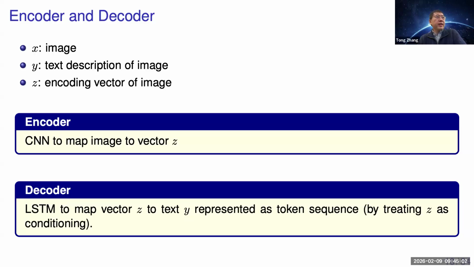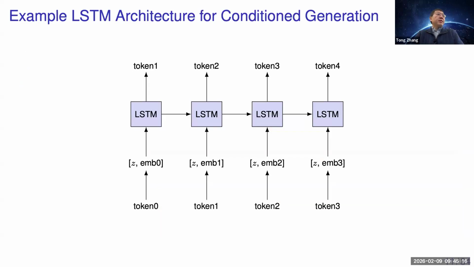If you do that, you are separating this problem into the encoder and decoder. Then you just need to say what the encoder should be, what the decoder is, and also how they interact. This one is a simple design because we haven't talked about attention and so on.